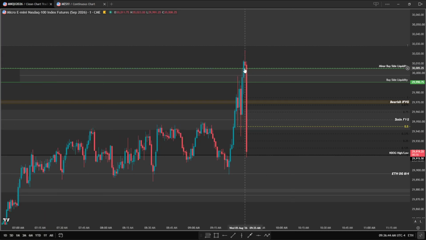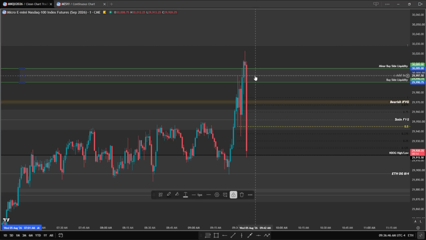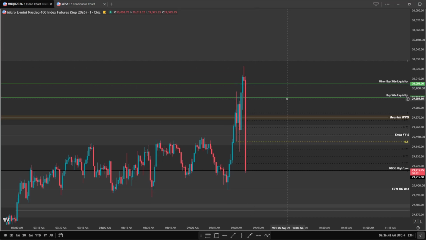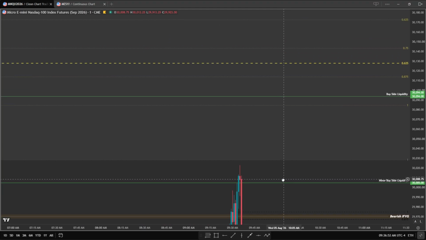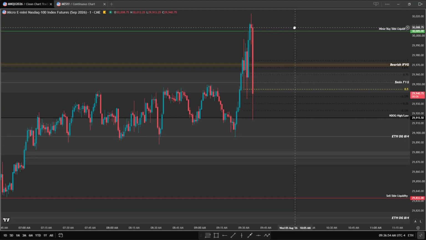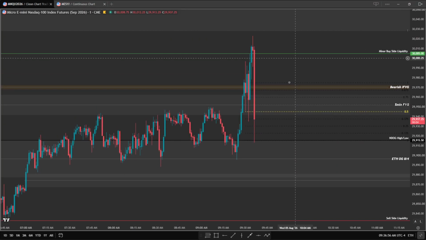Got a body up above that liquidity and tanked. Get rid of this one. A lot of speed there.